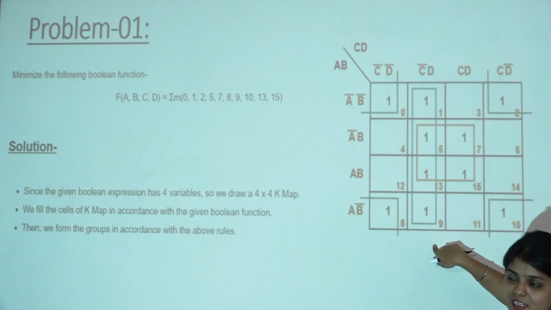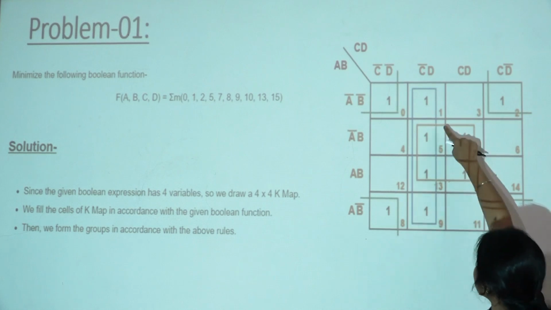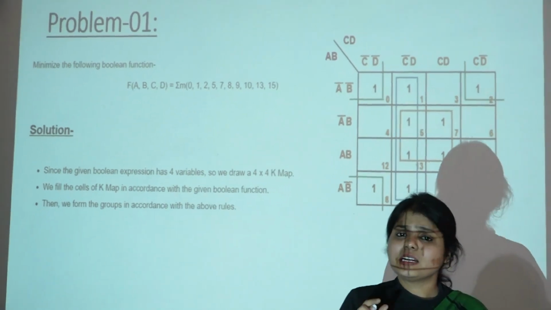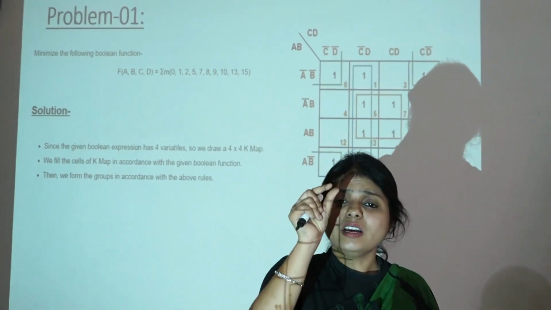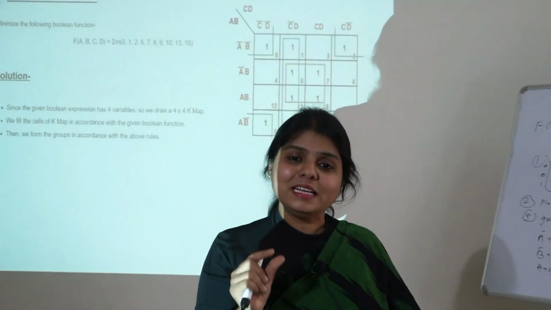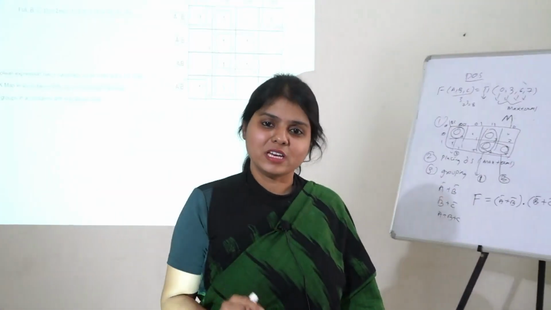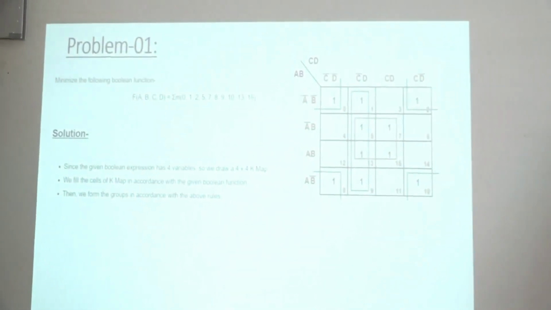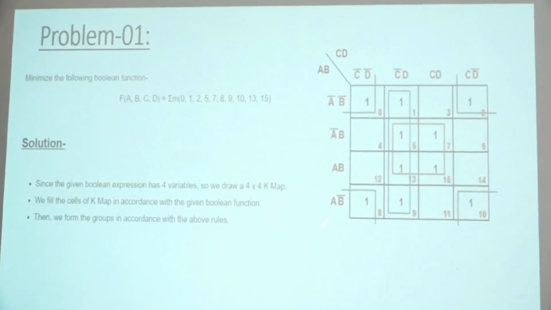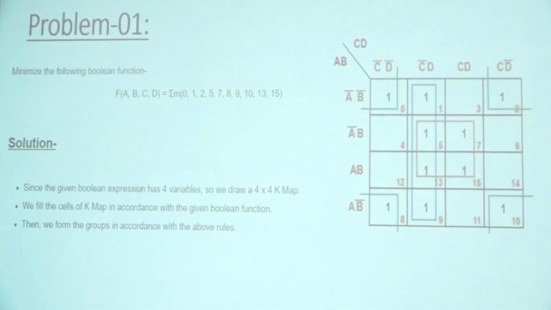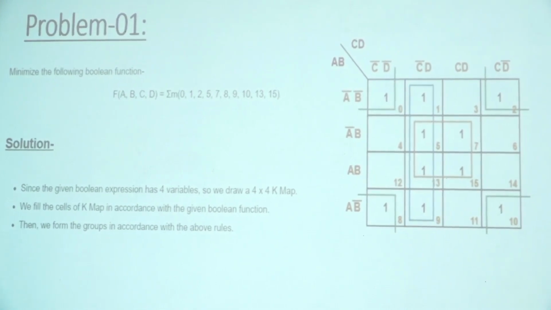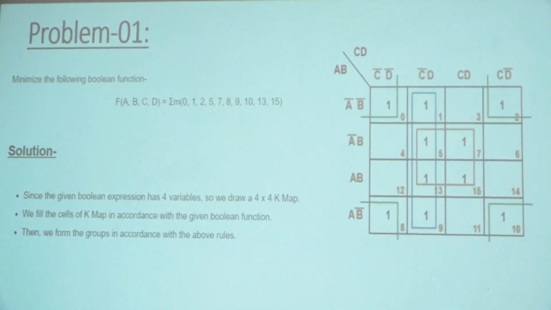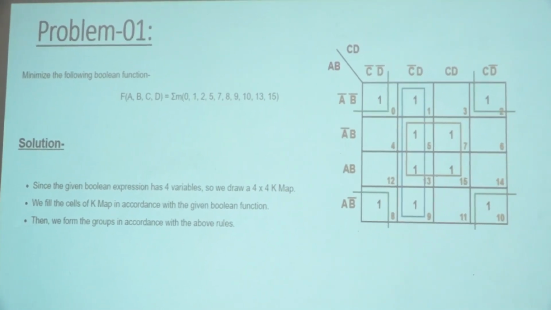I can also quad 1, 5, 13, 9. Both would be one and the same. The ultimate answer would change in the input variables, but it is a quad with two variables. Got it? So you can go for the 0, 1, 8, 9 wraparound quad, or you can go for 1, 5, 13, 9 as another quad. Both solutions would be correct.